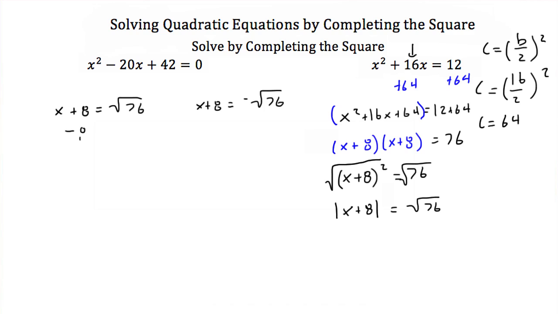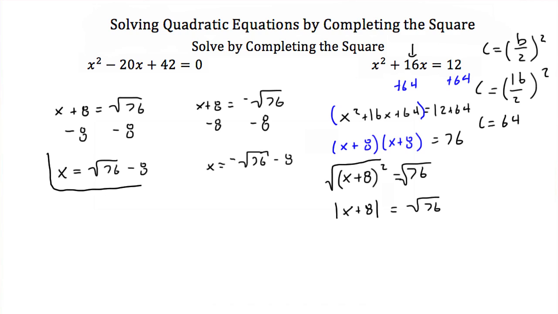Now I subtract 8 from both sides on both equations, and I end up with x is equal to the square root of 76 minus 8, and x is equal to the negative square root of 76 minus 8. So these would be our solutions for x.